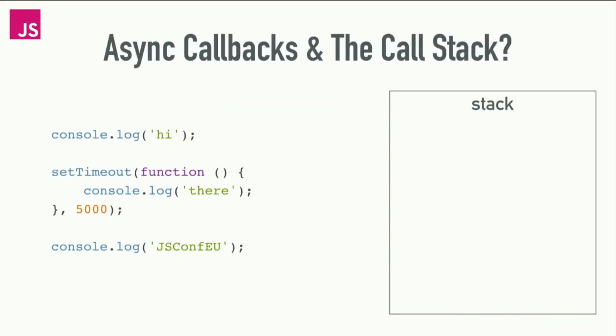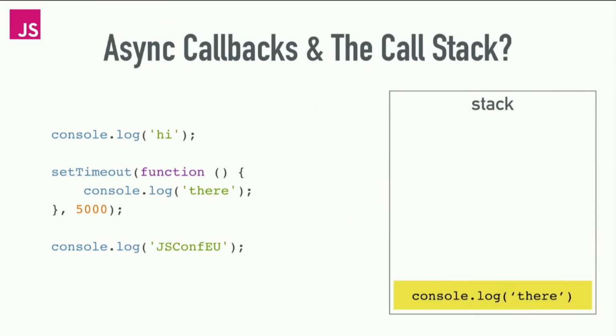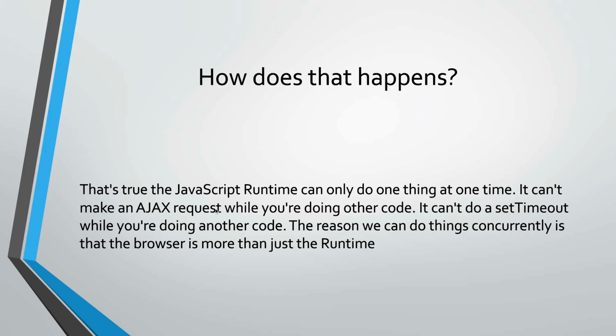That's why the event loop comes in. When we print console log there, hi, there's a call stack, and hi comes first, and after this comes the rest. And how does that happen?